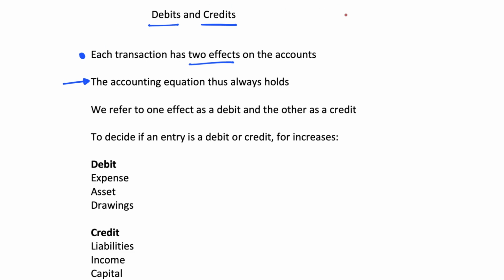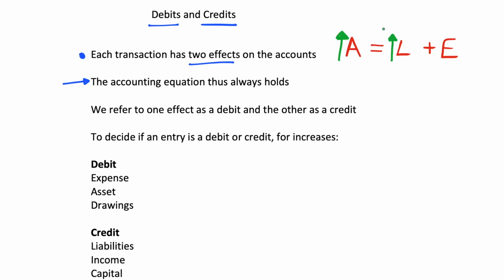So if we go back and revisit the content of those videos very quickly, we had our accounting equation which said that assets equals liabilities plus equity, and we said that if a business was to, say, increase its assets by buying some machinery, in order to do that it would have to spend some money, and so it might borrow some funds to do that, and so they would increase their liabilities in the process.